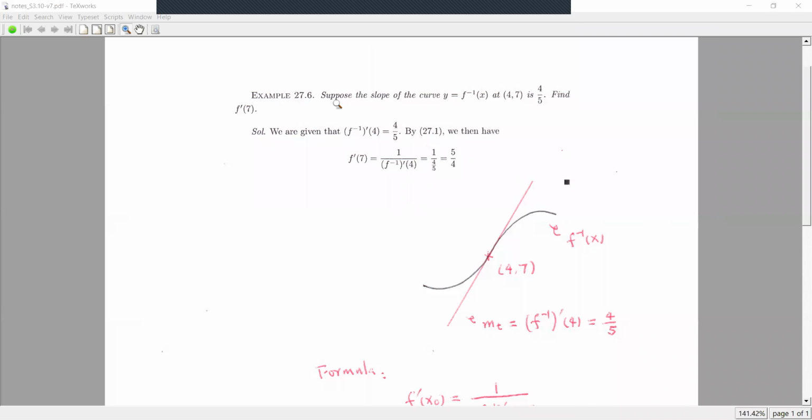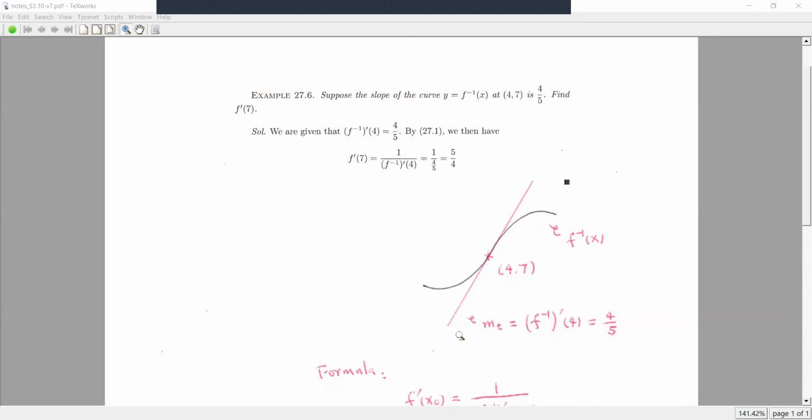Example 2. Suppose the slope of the curve of the inverse function at a point (4, 7) is 4/5. Find the derivative of f at 7. Suppose this curve is the graph of the inverse function. The point (4, 7) is here.